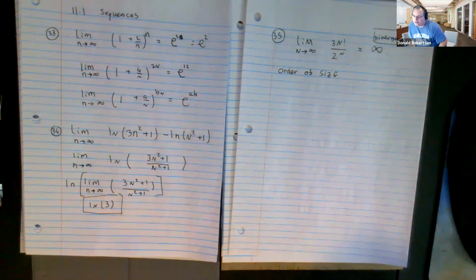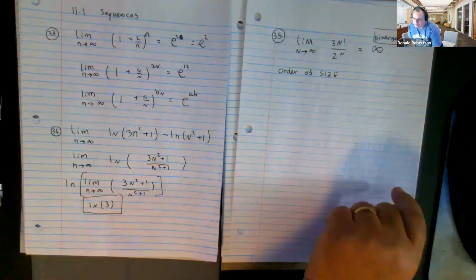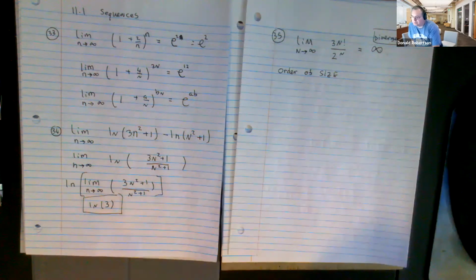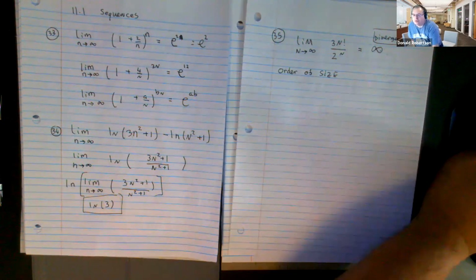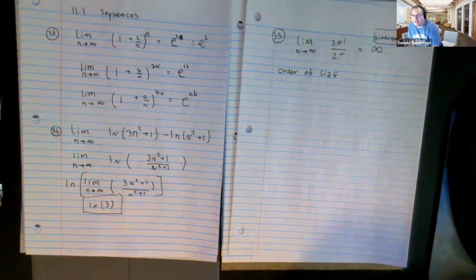Isn't there between 1 and 2 an infinite number of fractions? 1 1/2, 1 1/3, 1 1/4, forever, right? So if I said to you, there's an infinite number of fractions and there's an infinite number of whole numbers, would you also accept that the infinite number of fractions is more than the infinite number of whole numbers? In other words, there's more fractions in the universe than there are whole numbers.